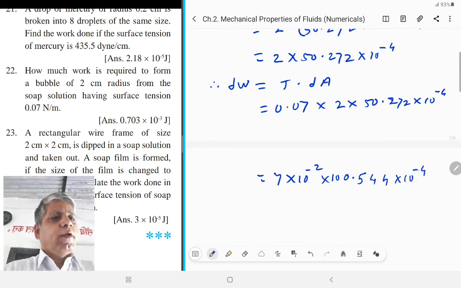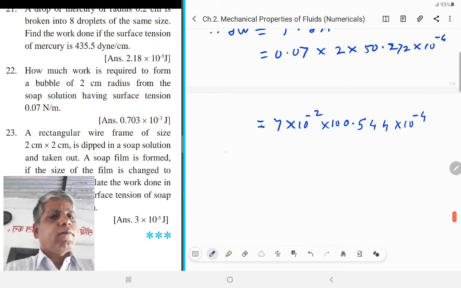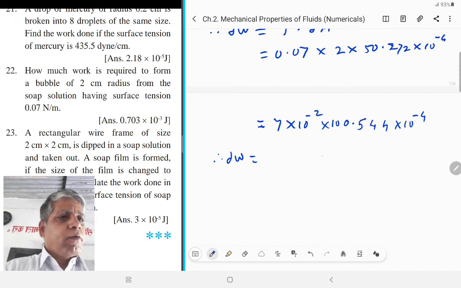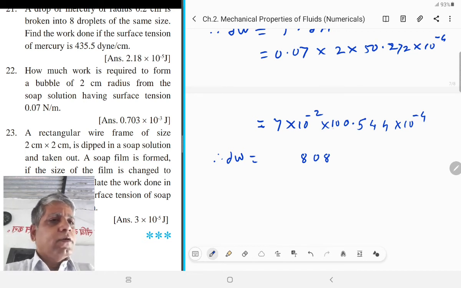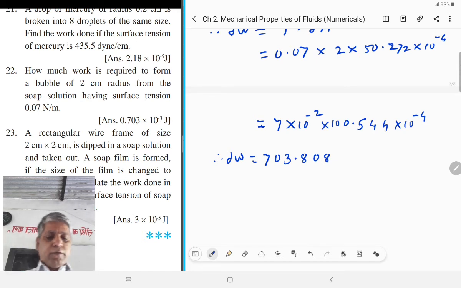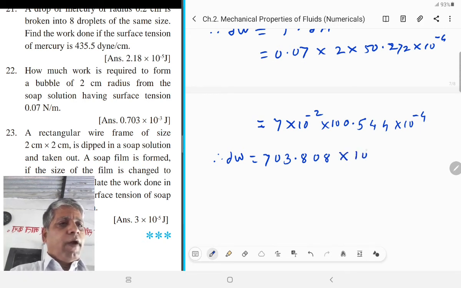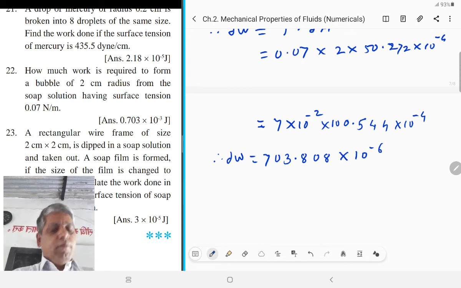minus 4. Now multiply by 7, we get the work done dW is equal to 7 4s are 28, 28 plus 2 is 30, 3 carry, 7 5s are 35 plus 3 is 38, 3 carry, 7 0s are 0 plus 3 is 3, 0 7, after the decimal point 3 digits, and therefore into 10 raised to minus 6.